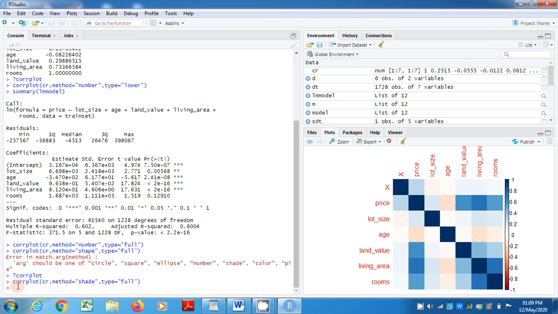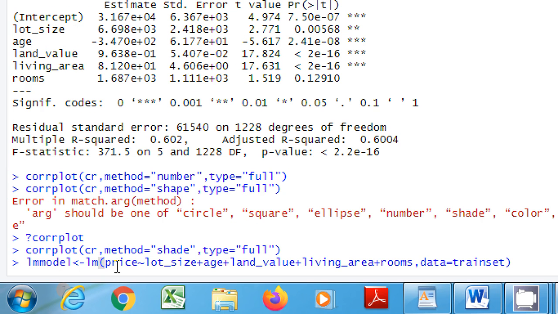So I have found the correlation variables. Now according to the suggestions of the correlation factor, I will consider only a few variables in my LM model function parameter. You can see that. So LM model, LM price, lot size, age, land value, living area, and number of rooms.